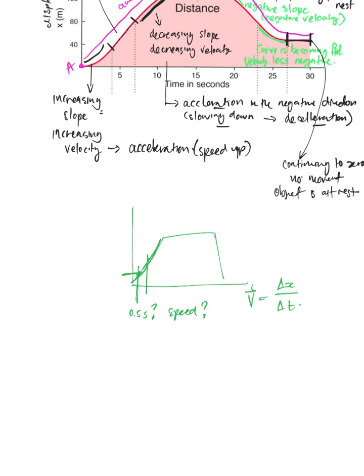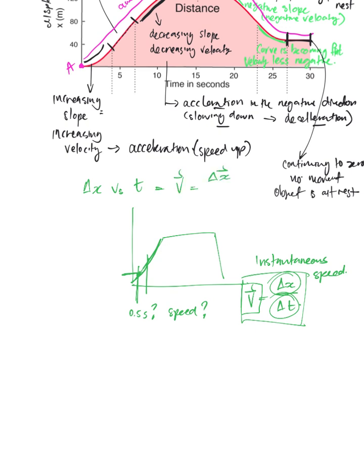I can use this formula to find instantaneous speed, as in how fast I was moving at that exact moment. You can use these formulas because you've got displacement and time, and remember that's what the graph is measuring. So a displacement versus time graph gives velocity, and velocity is displacement over change in time. So I'm allowed to use this formula with this kind of graph.